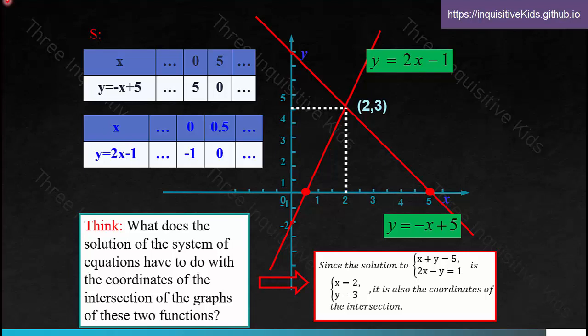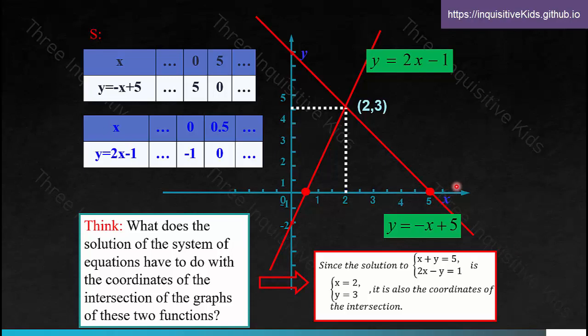Well, we know that all of the coordinates of the points on this first line here, y = 2x - 1, satisfy the equation 2x - y = 1. And the same for the second equation too. All of the coordinates of these points on this line satisfy its corresponding equation.